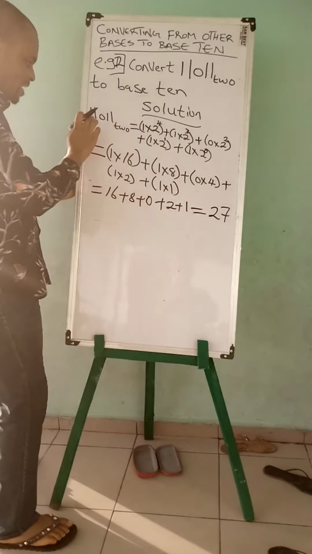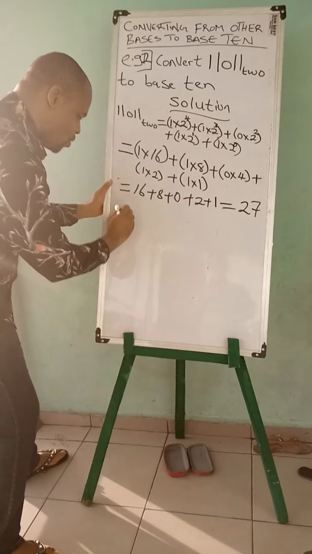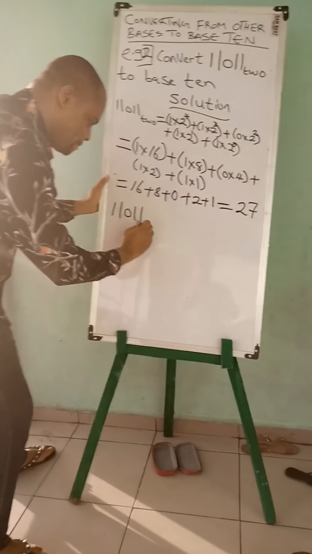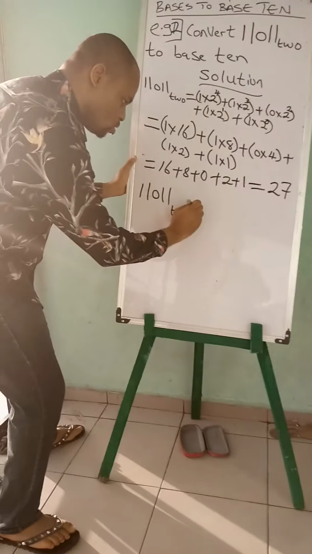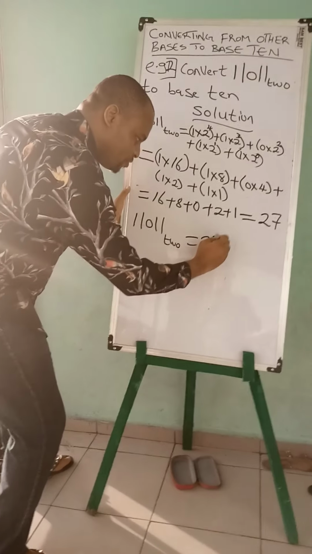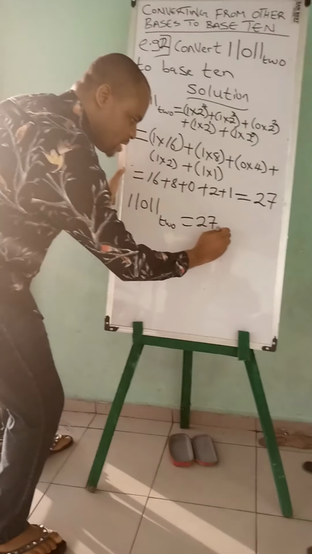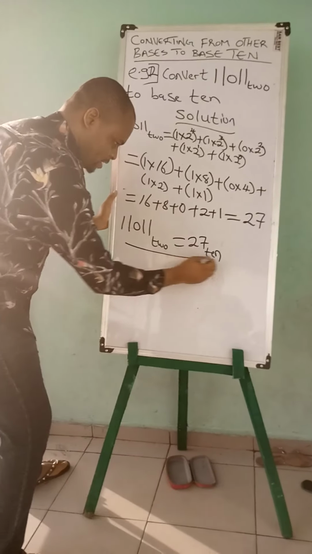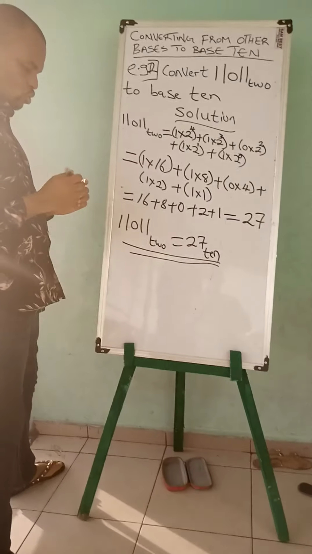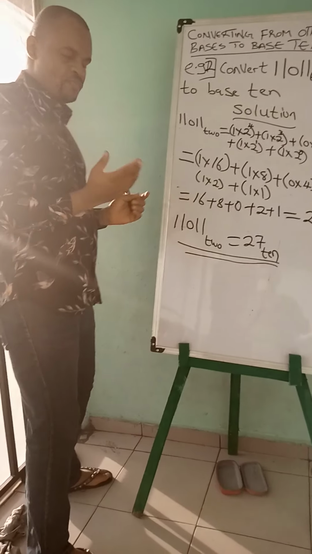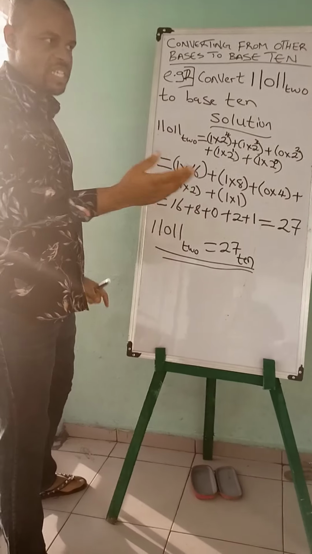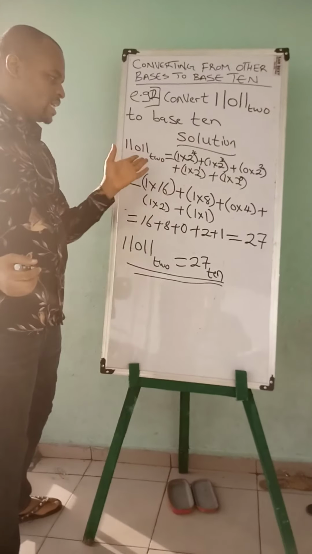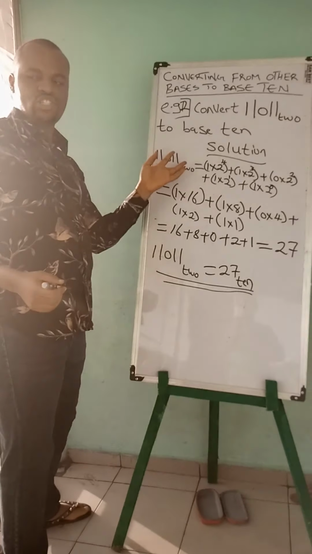So we've succeeded in converting 11011 base 2 to 27 in base 10. That is how to convert a number from base 2 to base 10. We expand by the number base, which is 2.